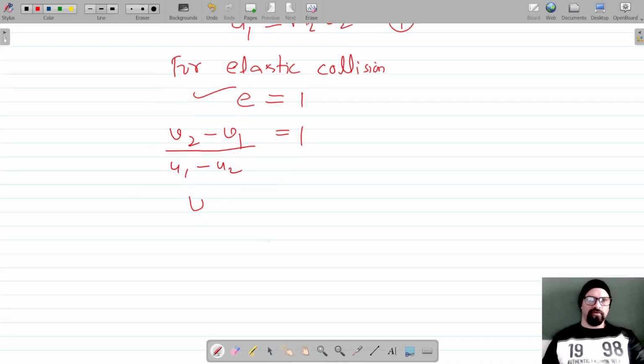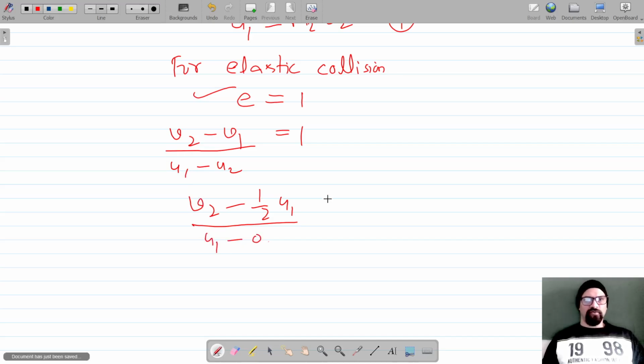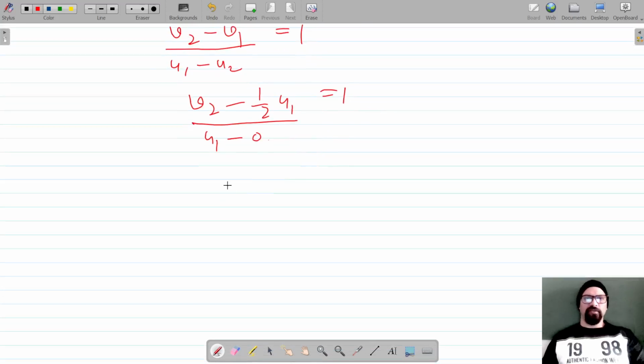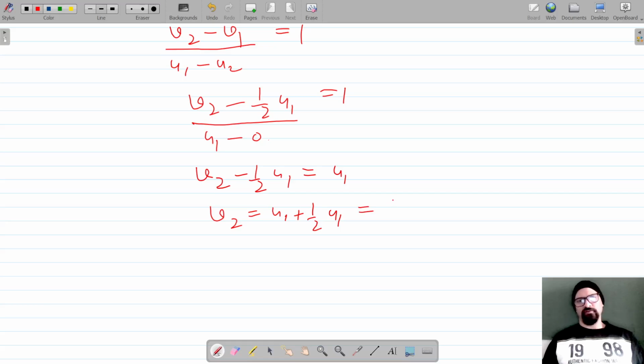Now v2 is not known, v1 is half of the original velocity of the first one, u1 is u1, u2 is 0. So this gives me v2 minus half of u1 is equal to u1. So v2 is equal to u1 plus half of u1, which is equal to 3u1 by 2.